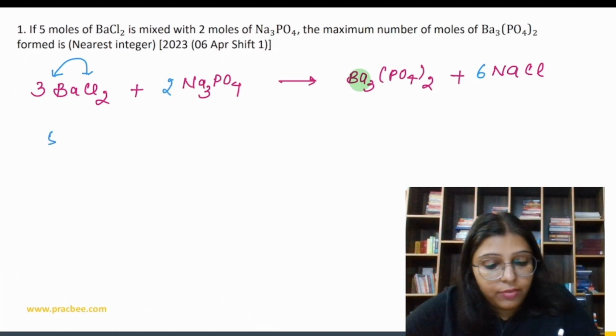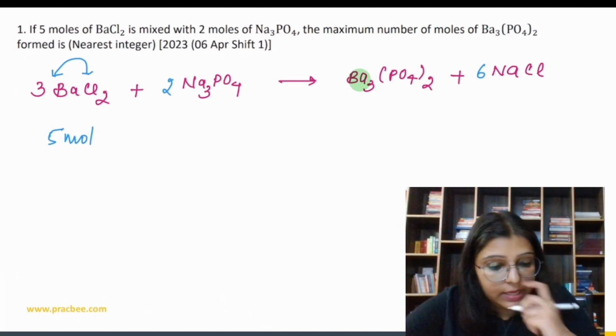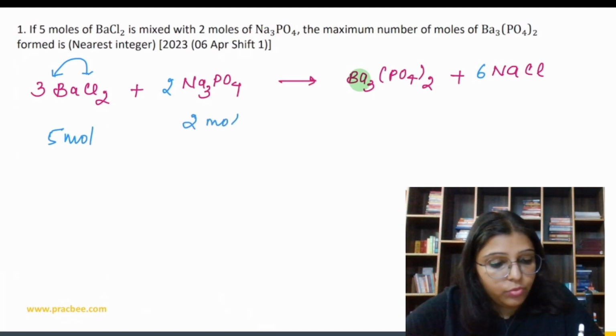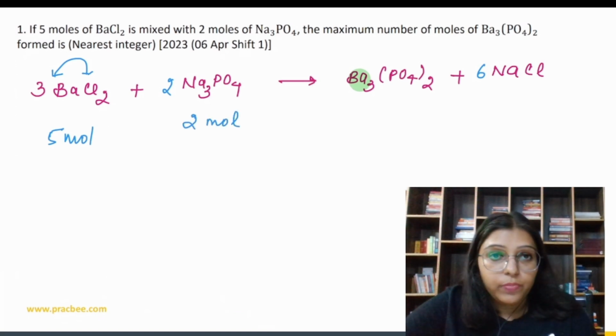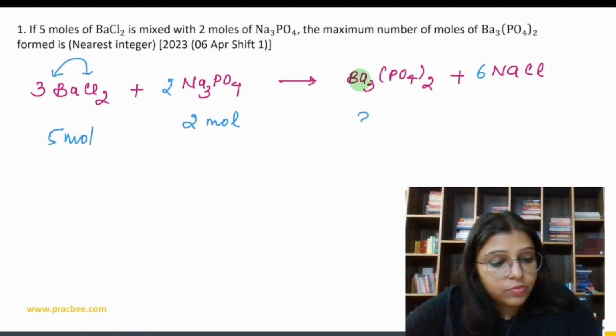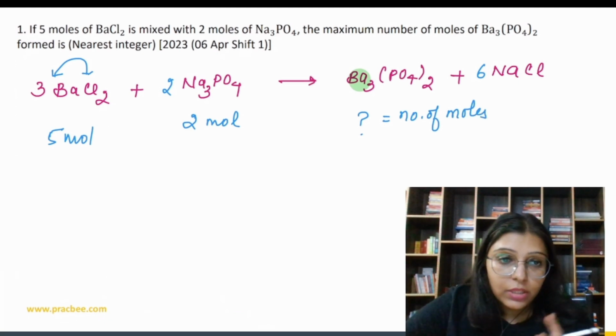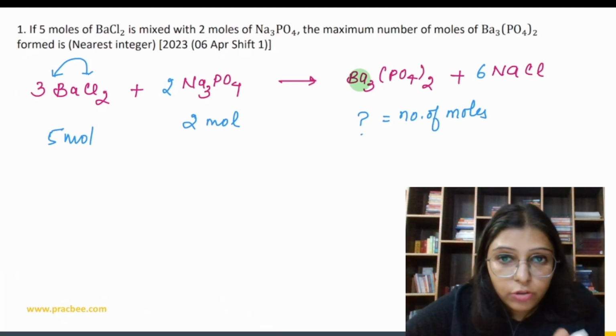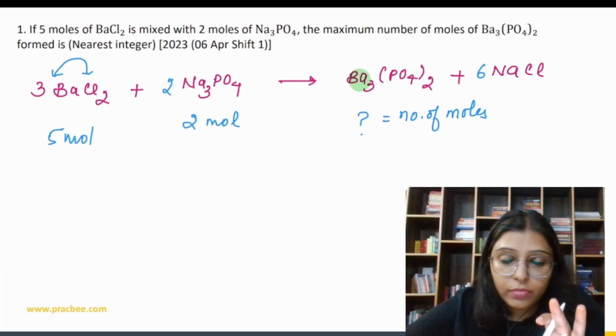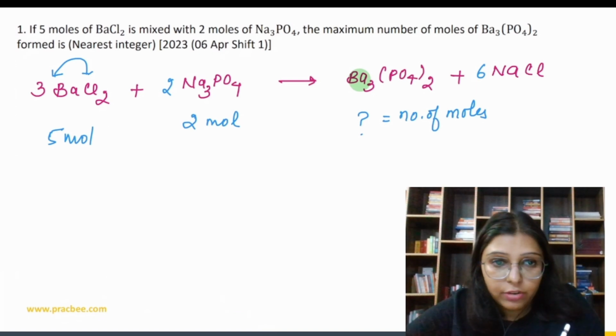So in the question we have 5 moles of BaCl2 and 2 moles of Na3PO4. We have to calculate the maximum number of moles of product, and we have to report the answer in nearest integer. So how to do this question? Now the amounts of both the reactants are given, so first we have to find out the limiting reagent.